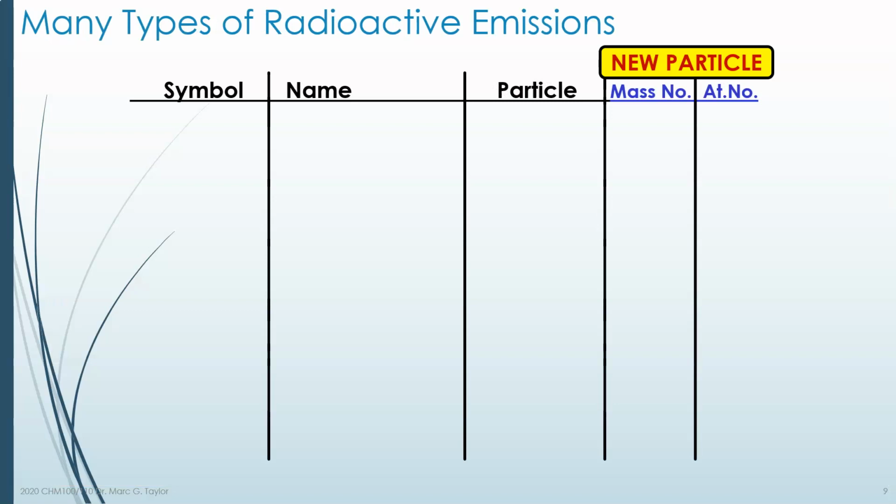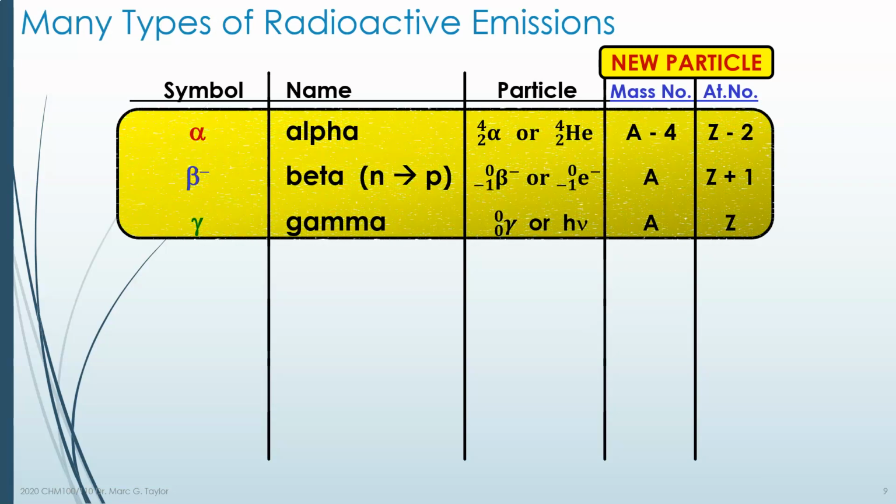So let's look at the different particles. We've already talked about the alpha, beta, and gamma particle, how the alpha will drop the mass by 4 and drop the atomic number by 2. The beta will leave the mass number alone, but it will, oddly enough, increase the atomic number. And a lot of students get confused by this, because you're losing a particle. How are we increasing?